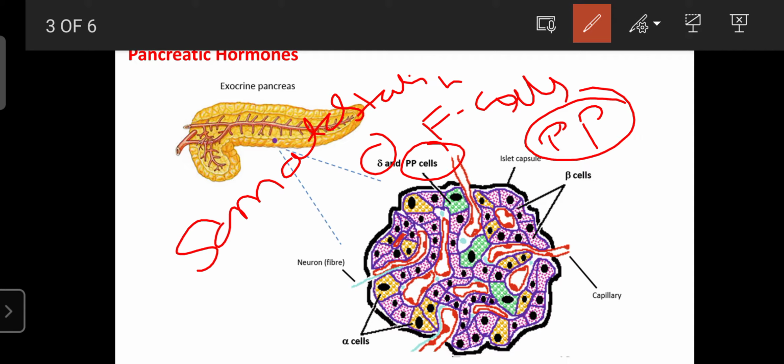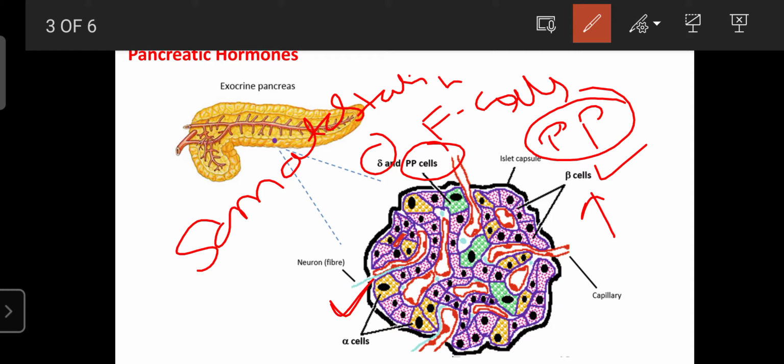Also the PP acts as a switch between alpha cell and beta cell. According to the plasma concentration of the glucose, it can activate the alpha cells or the beta cells, and over-activation of the beta cell can suppress the release of glucagon.